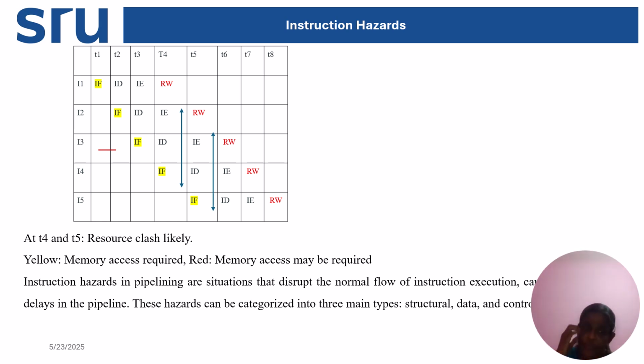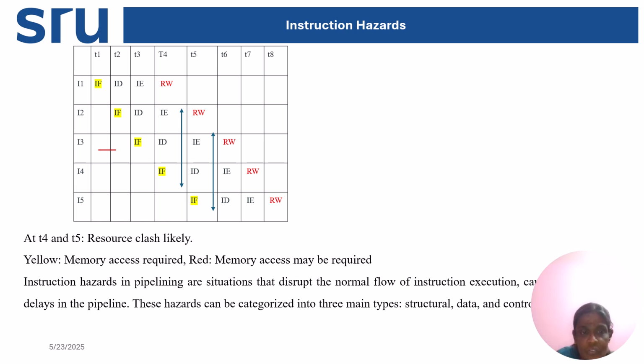So all hazards we already told. Control means it is due to the branching of the control. Branching, so the entire sequence of the program will be disturbed. Due to that, any problem that occurs will be known as control hazard. And dependency of the data from one input to output, then it is data hazard.